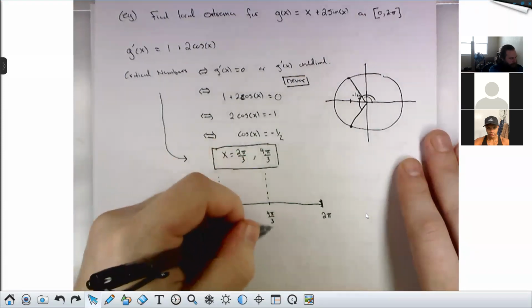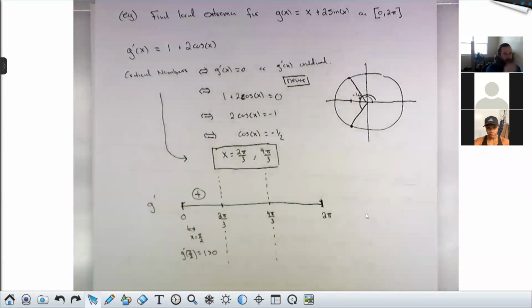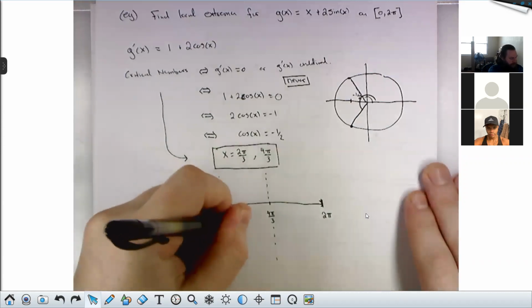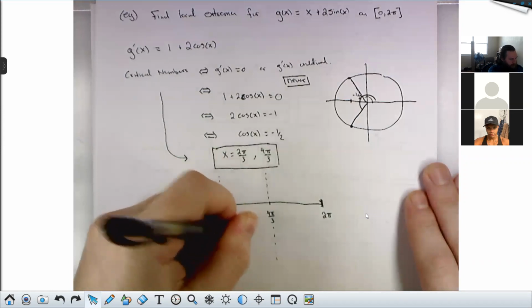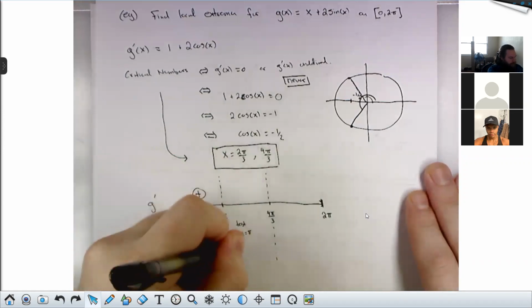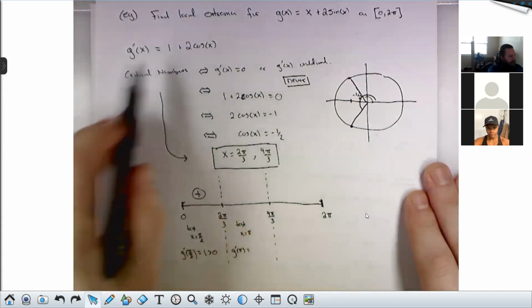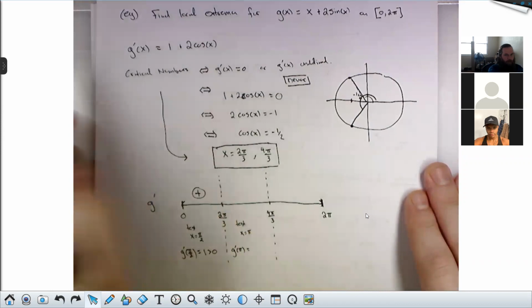Between 2 pi over 3 and 4 pi over 3, what would be a good test point? Good, pi. We could test x equals pi here. So what is G primed of pi? Well, it's 1 plus 2 times the cosine of pi. What's the cosine of pi?